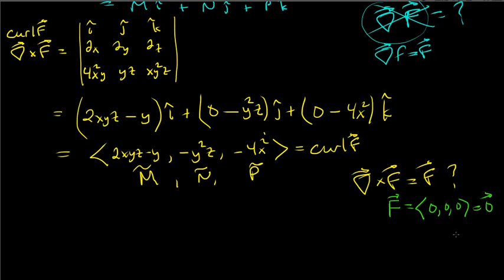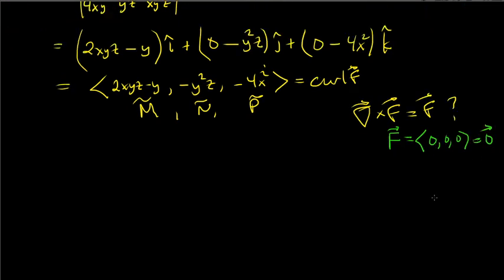The zero vector, so the most boring vector field: at each point you have the zero vector. There are no arrows, they're just points. Very boring. But when you take the partial derivatives of these, you still get 0. So obviously the zero vector field is its own curl. If you take the curl of 0, you get 0. But very boring.